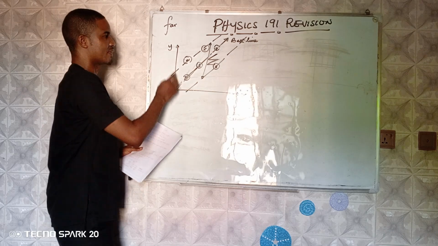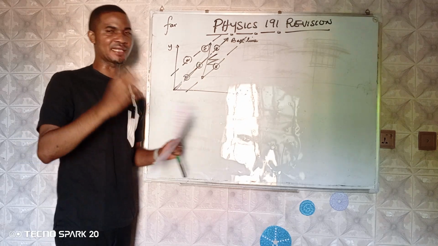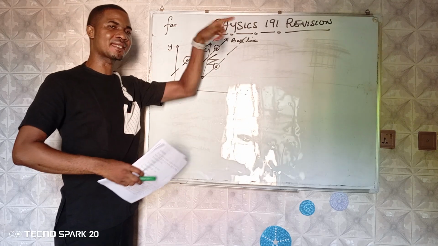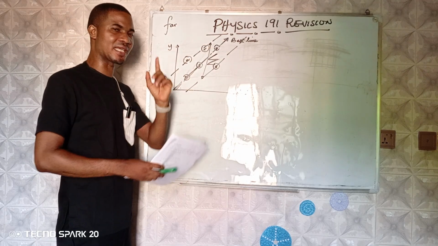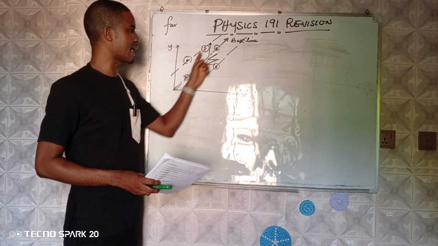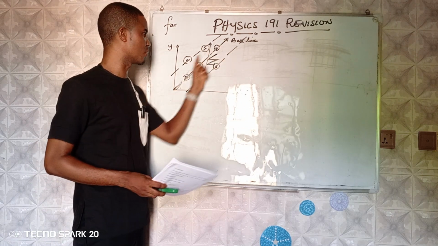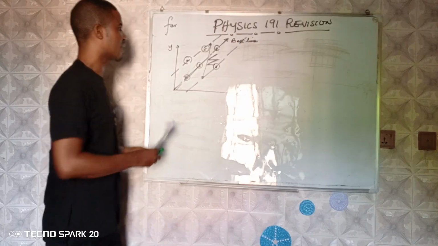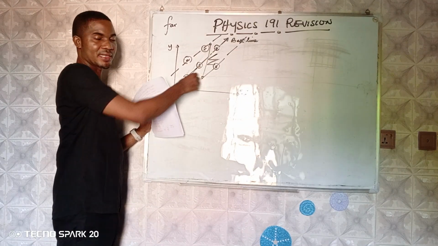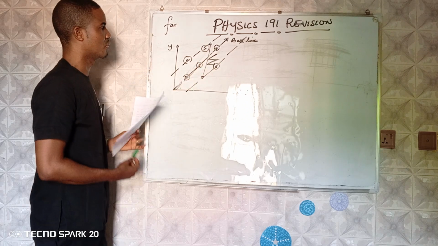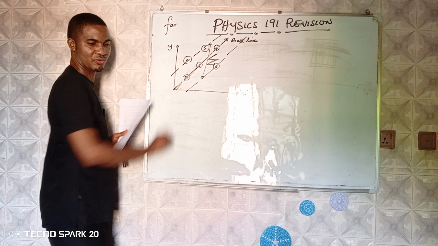Then the points farthest away from the best line are taken for vertical scatter. We draw lines perpendicular to the best line, but they are going to be broken lines. Then we join any point here to any point here because we know it's the same, and on top of it you write a W. So this is how we get our vertical scatter.